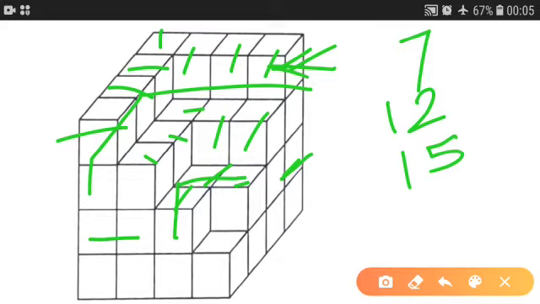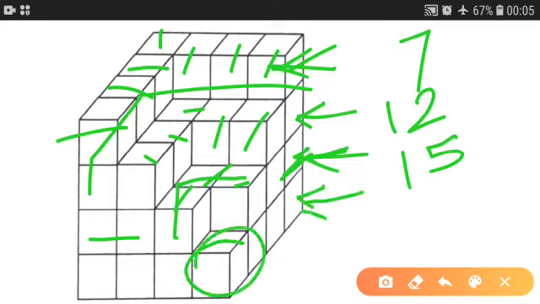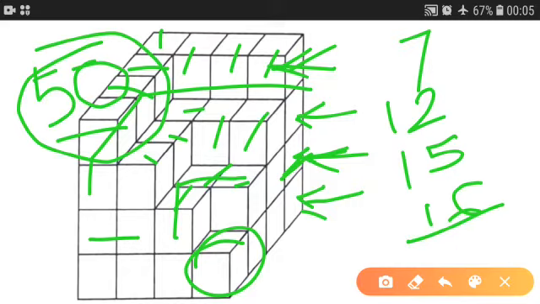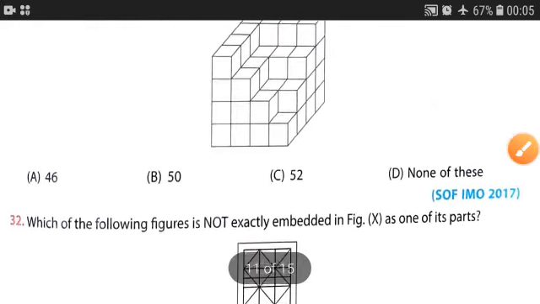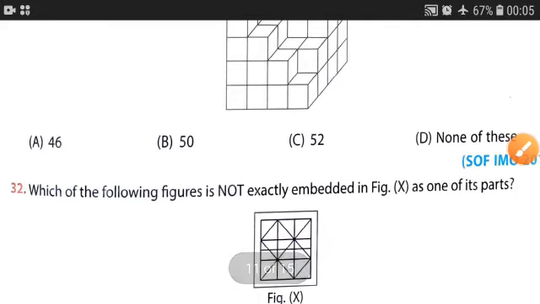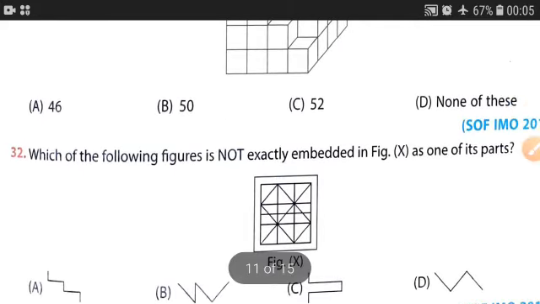So in the third layer we have 15 cubes. Already we have 15 cubes in the fourth layer, and only this one is extra, that is the 16th cube. So the sum of this will be 50. The total number of cubes will be 50, and the correct answer is option B, that is 50.